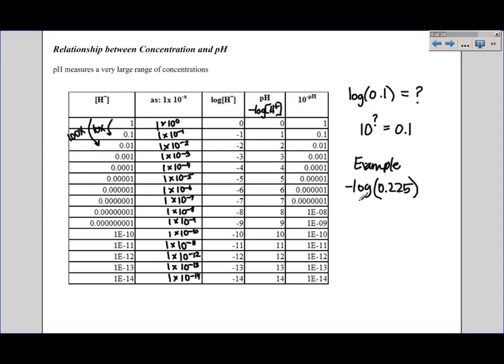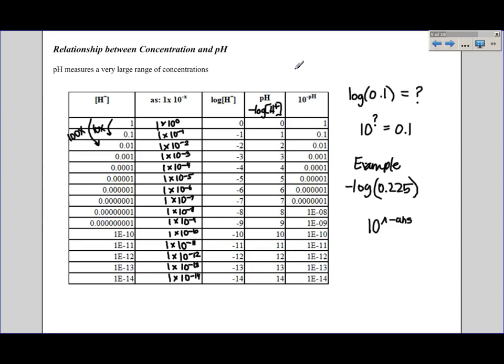I want to undo the log. The opposite of log is 10 to the power of. So if you do 10 to the power of the negative of your answer, see what you get. And what you get is 0.225. So taking the log and 10 to the power of are opposite functions of one another.